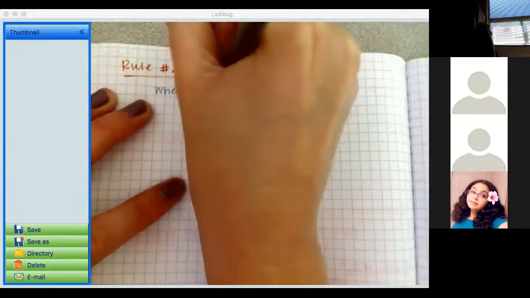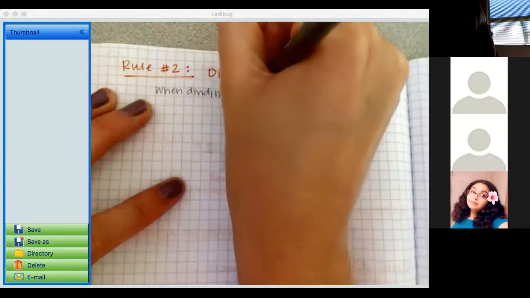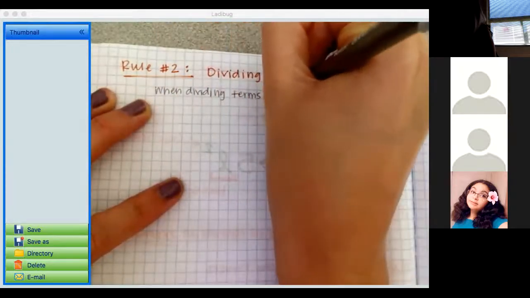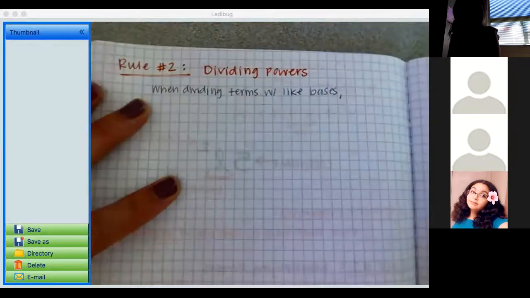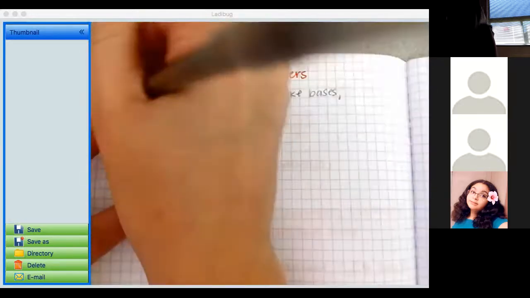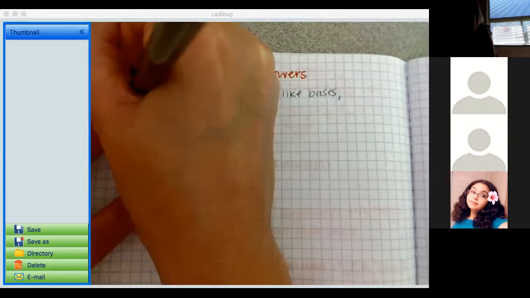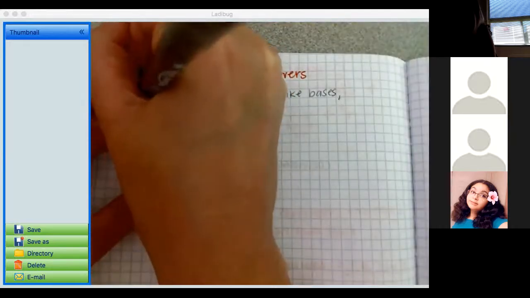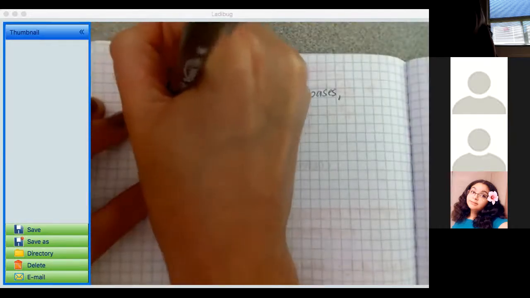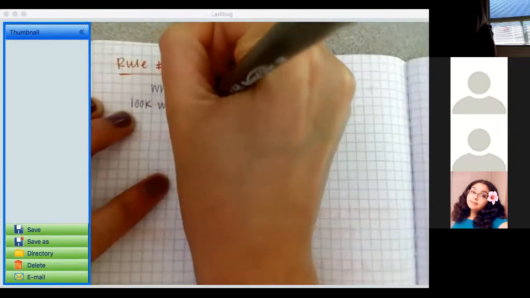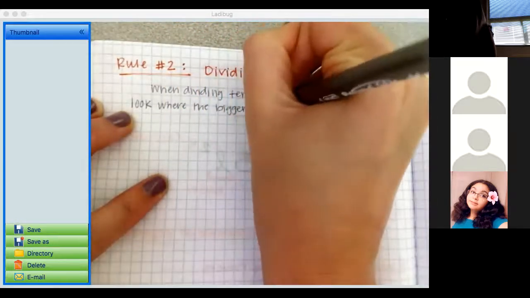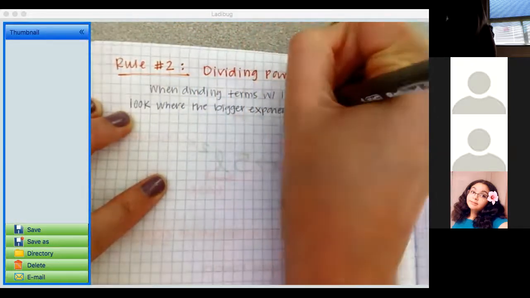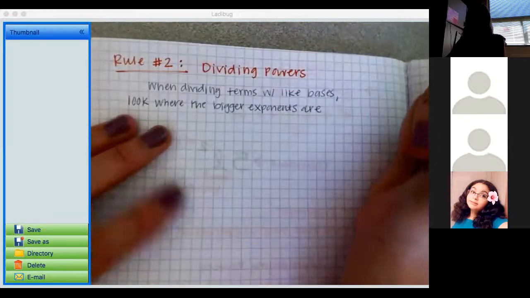When dividing terms with like bases, you're going to look where the bigger exponents are. This one's a little bit different. So just write that down.